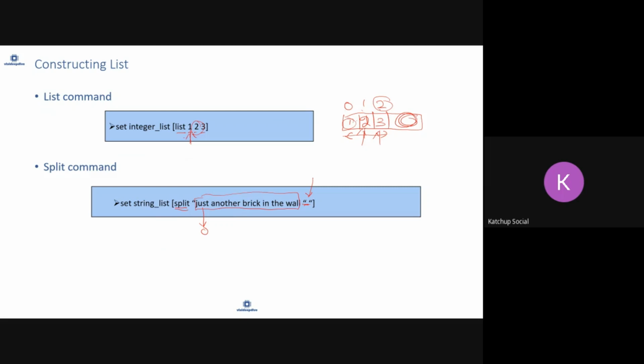Space is a separator, so here it will start another element. Another it will put at index 1, then space, which it will use as a separator to break or split. So at index 2 it will put this, index 3 this, index 4 this, and index 5 this. So split is another command by which you can create a list.